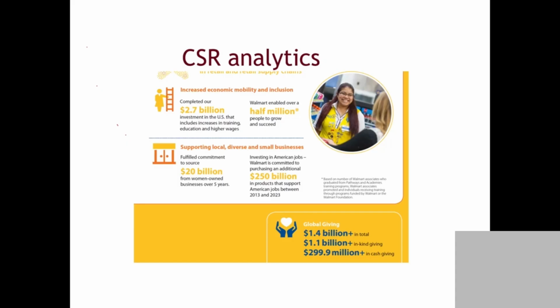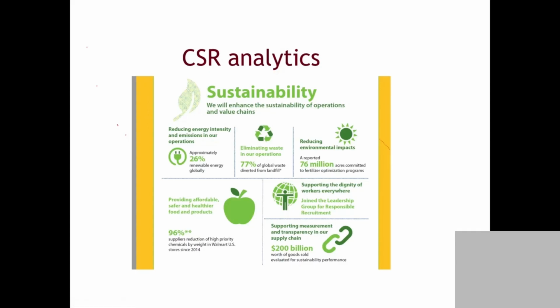This is an example from one company. This is Walmart. You can see that they tell you how much money they spend for economic mobility, so helping minorities, helping marginalized groups, and how much money they put into diversity and small business. So in the CSR report, the company shows its commitment to give back to the community.